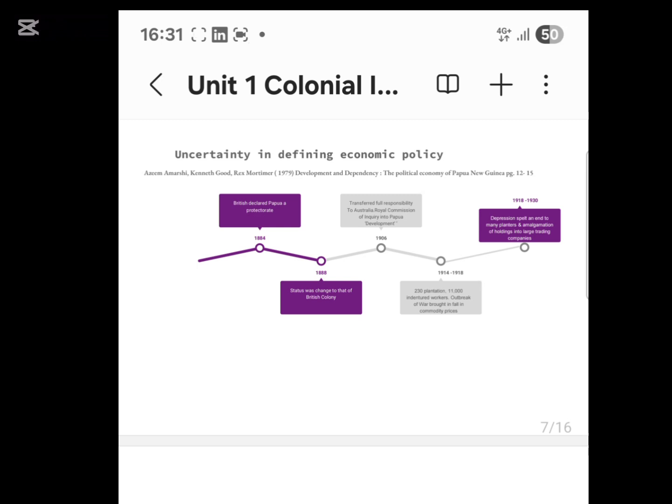By then there was some agricultural activity in Papua, but with World War I in 1918, that halted growth of any commodities, plantations or exports. And then from 1918 to 1930, the economic depression also affected any economic development in the Papua region.